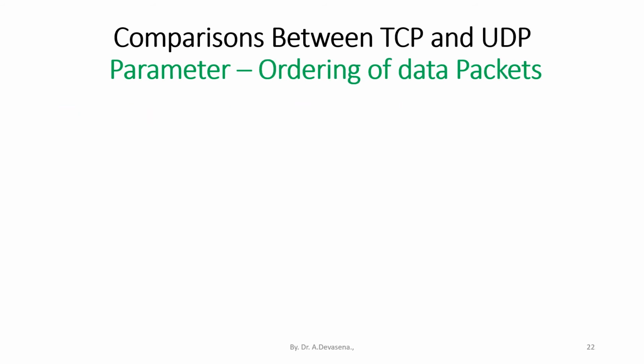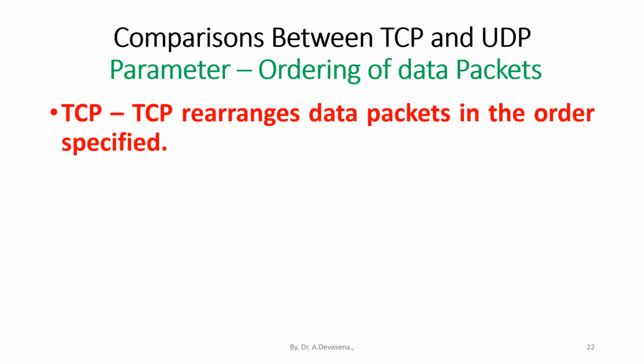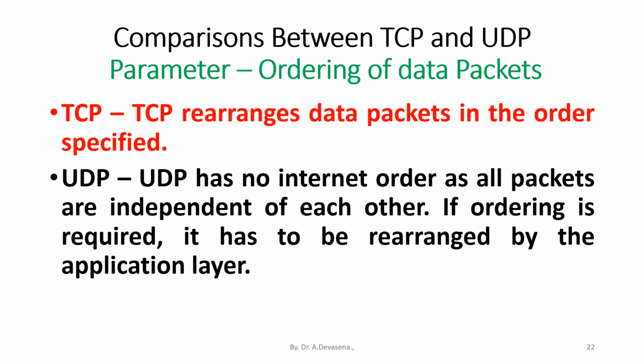Now we consider the parameter ordering of data packets. TCP rearranges data packets in the order specified. UDP has no inherent order as all packets are independent of each other. If ordering is required, it has to be rearranged by the application layer.